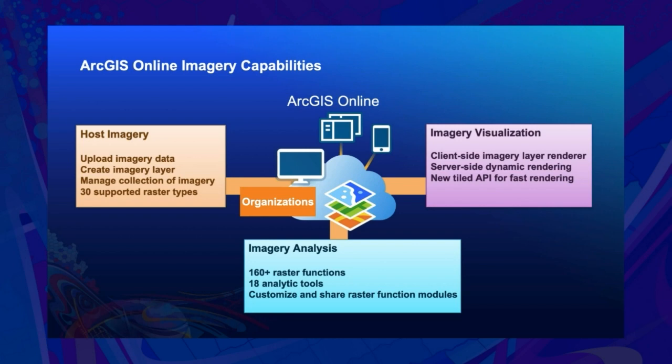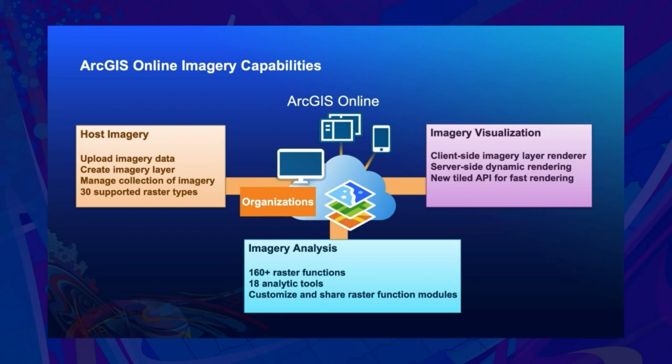The hosted imagery capability also supports management of a collection of imagery data. And like in ArcGIS Pro, we also support many different raster types, which refer to the different types of raster data supported in the ArcGIS ecosystem. There are over 30 different raster types supported in the ArcGIS Online hosted imagery capability.